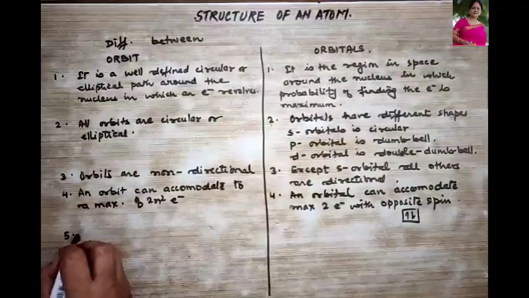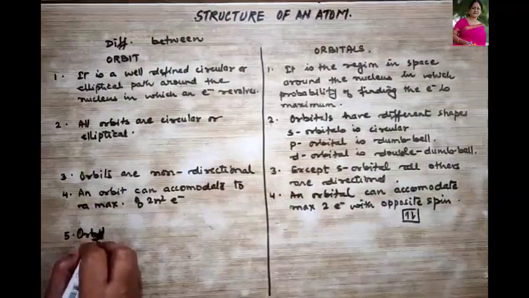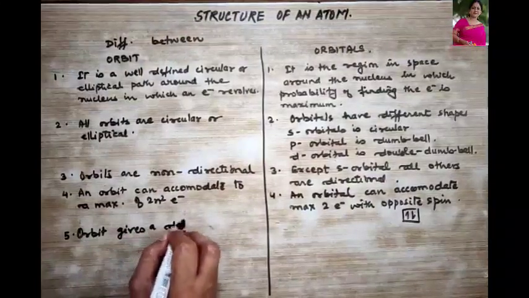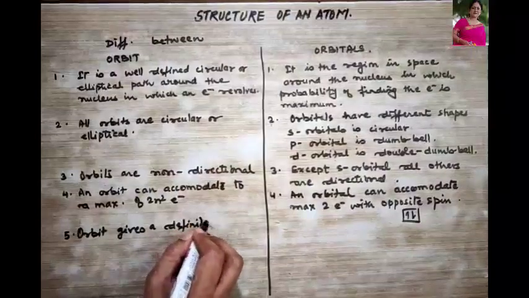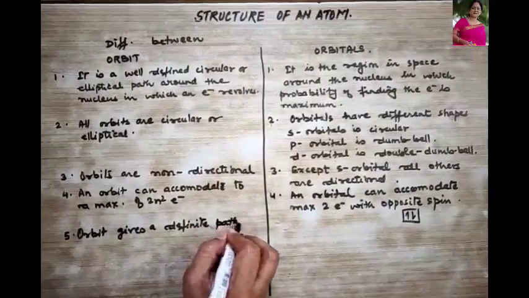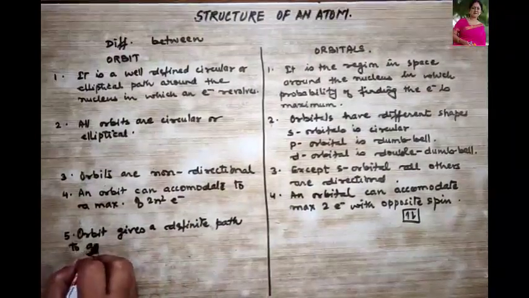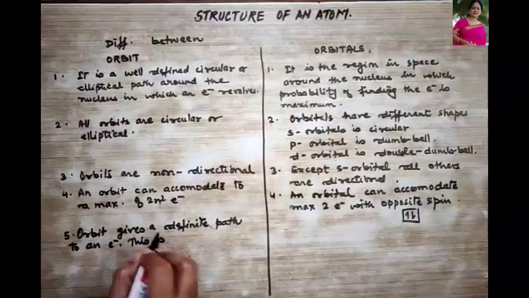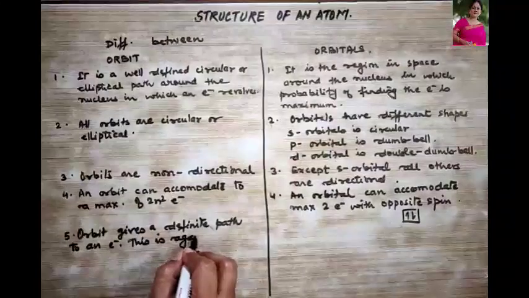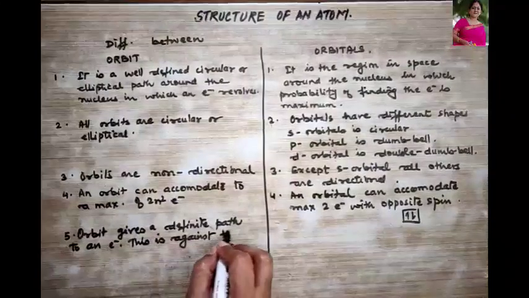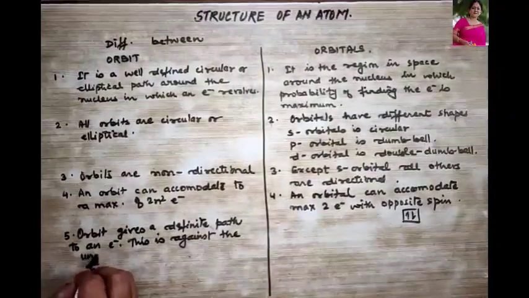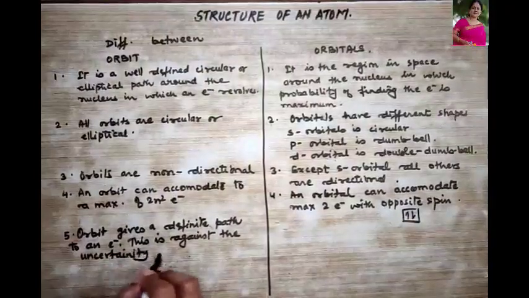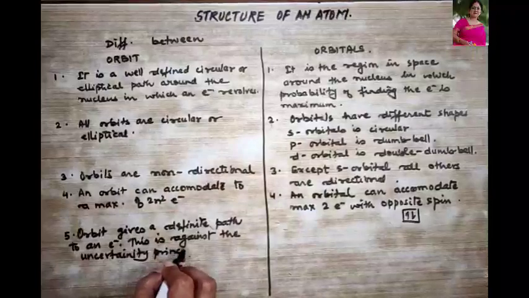So an orbit gives a definite path to an electron. This is against the uncertainty principle.